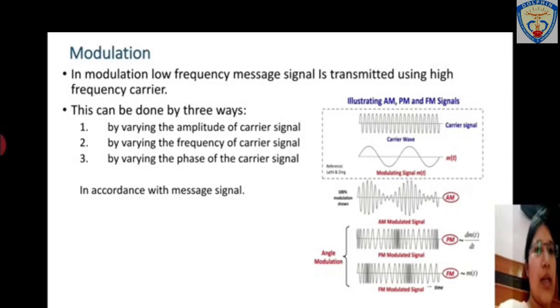As we can see, the envelope of the AM is similar to the modulating signal.